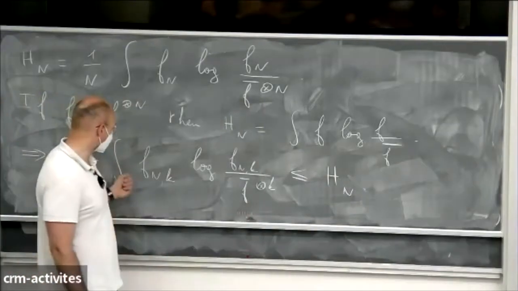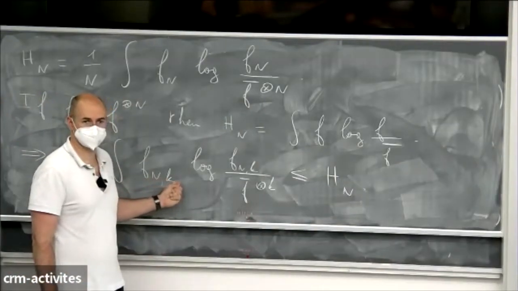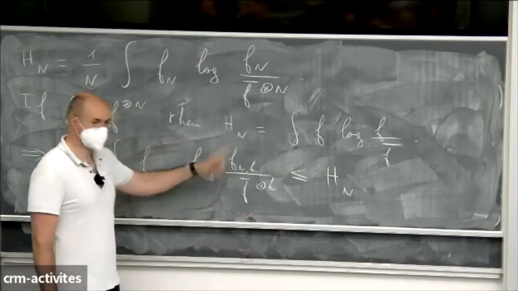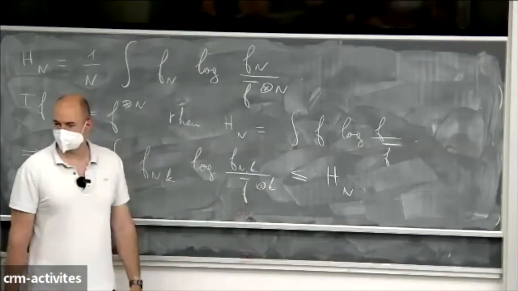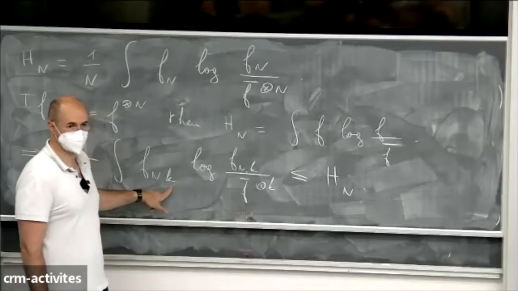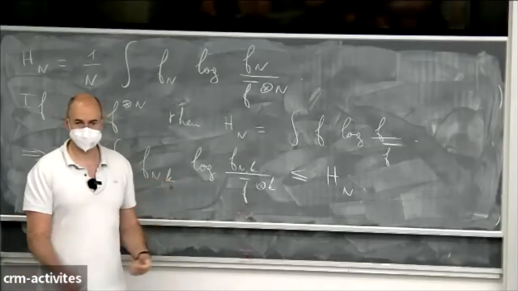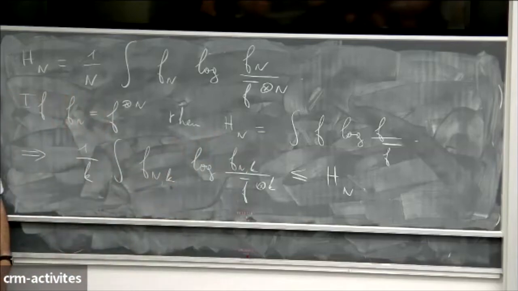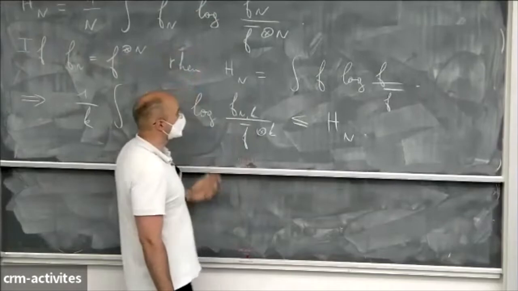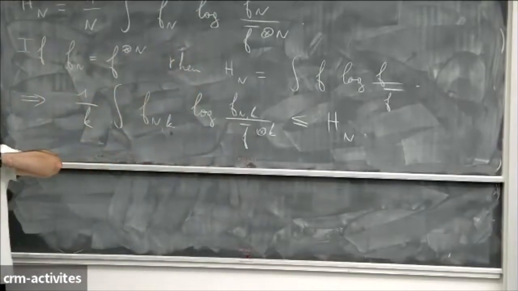This is trivial to prove for k equal 1 because you just symmetrize the whole thing and then use the convexity of x log x. A little bit more work for k different than 1, because of how you tensorize the corresponding objects, but that's still completely doable. And so this is the quantity that we want to use.